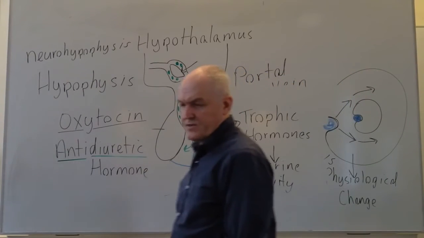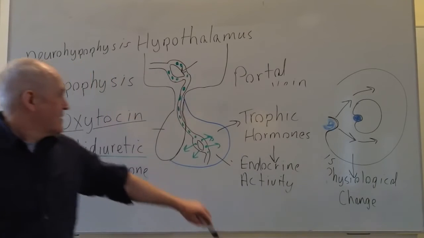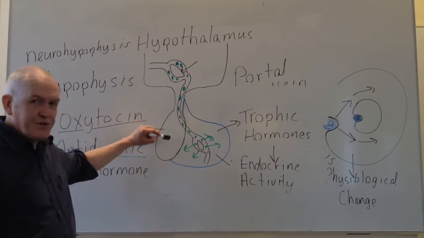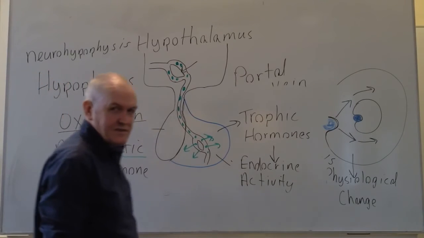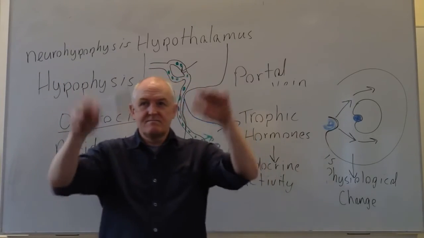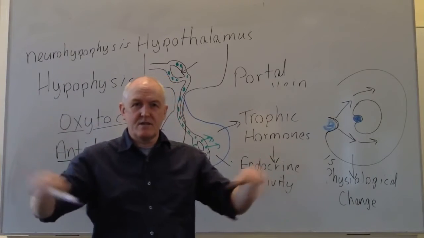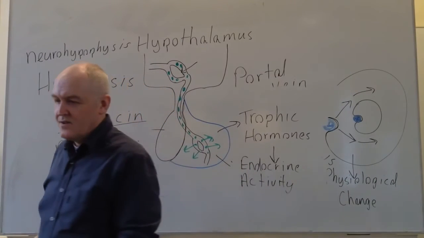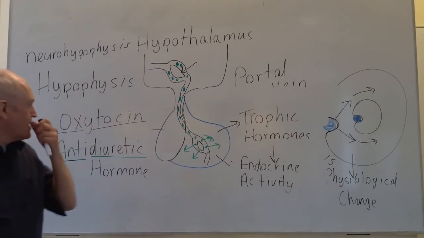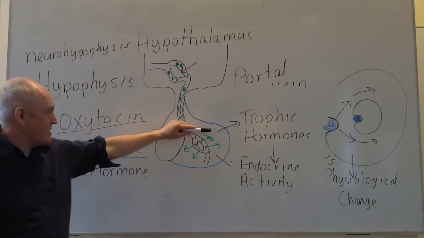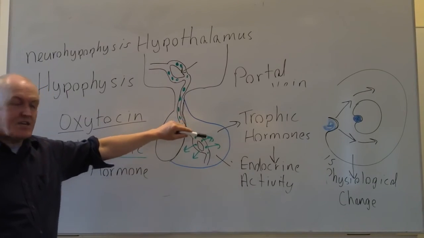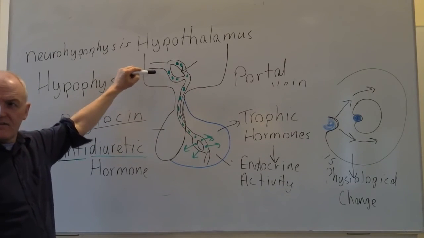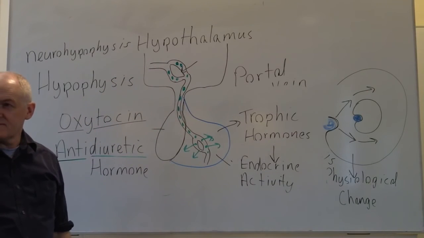Now, when I was a student in the old days, people used to say that the pituitary gland is the master of the endocrine orchestra. It's kind of, you come in now and you come in now. It's kind of conducting the whole show. But now can we see that the pituitary gland is actually only a puppet of the hypothalamus.